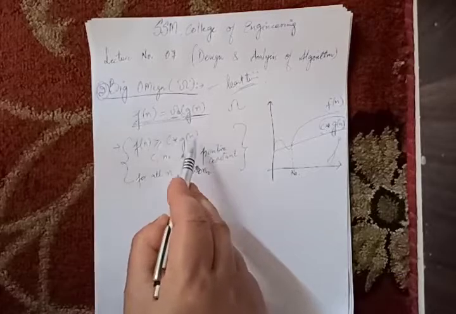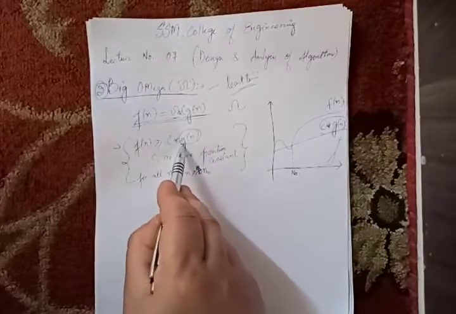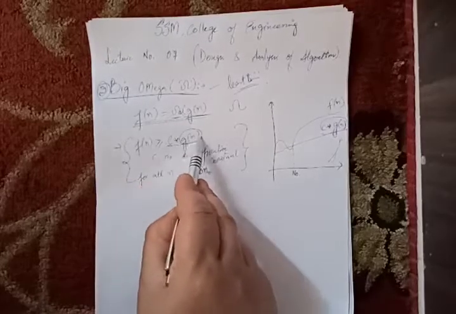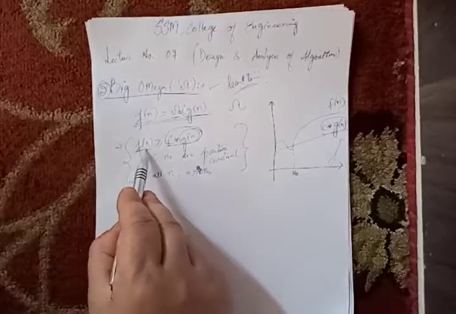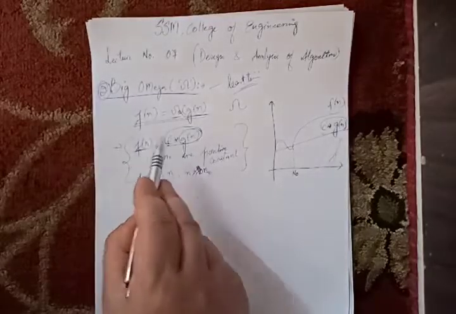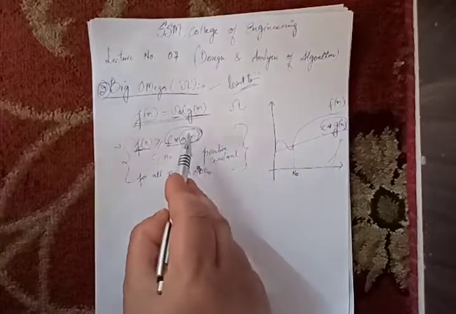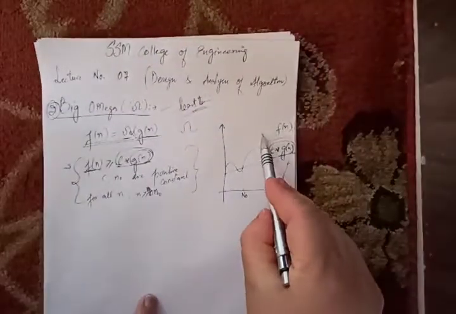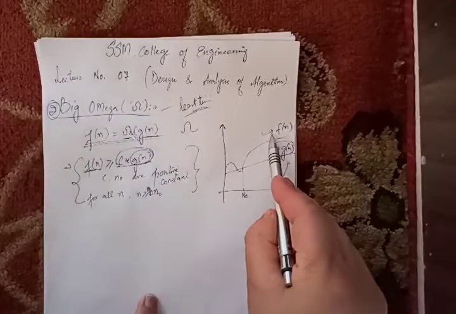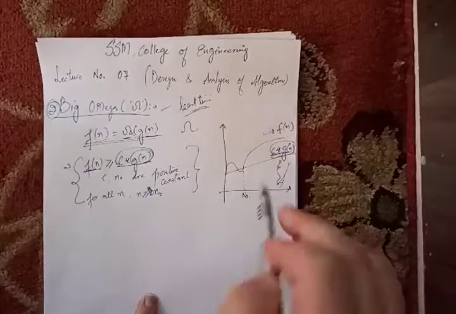If we take a constant and multiply that constant with this function, the result must be lesser than or equal to f of n. It should not be greater in this case. The execution time of f of n should be greater than or equal to this, not lesser than this. That is what big omega says.